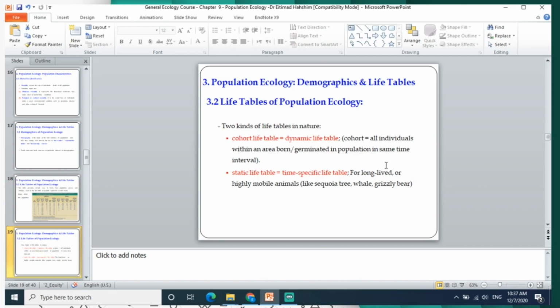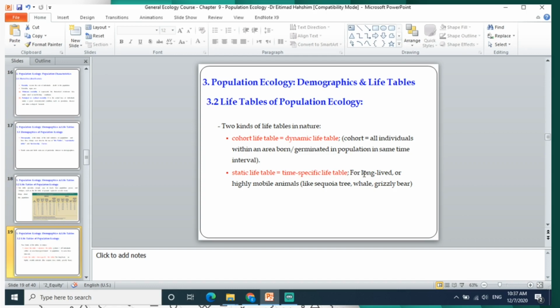There are two types of life tables. One of them is the cohort life table, a dynamic life table. Cohort means all individuals within an area, born or germinated in the same interval, will be taken into account.